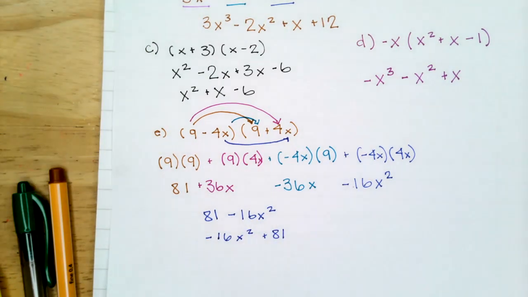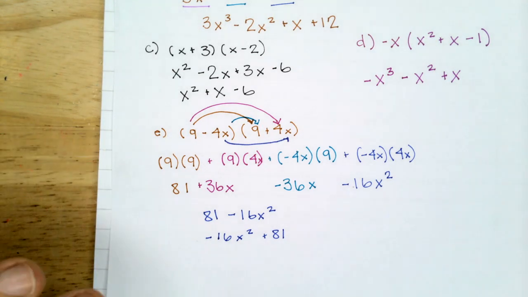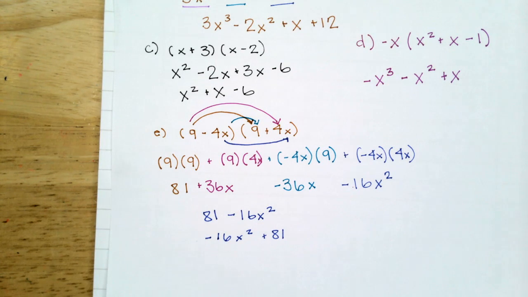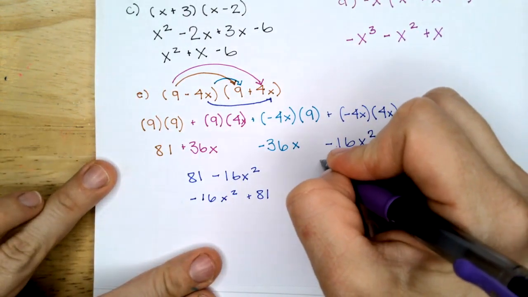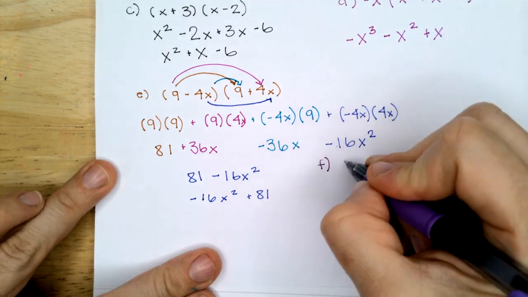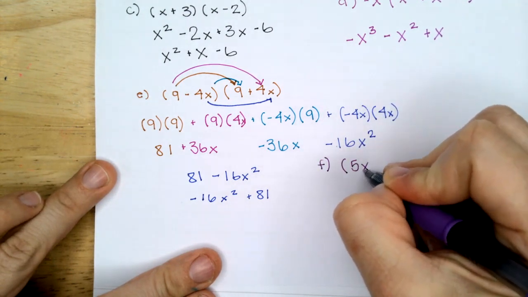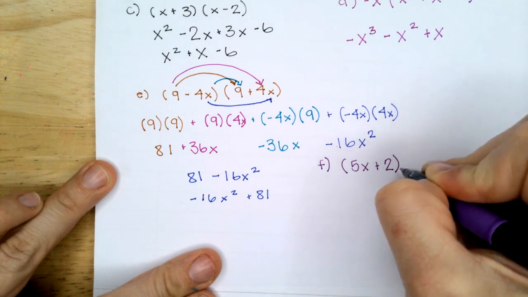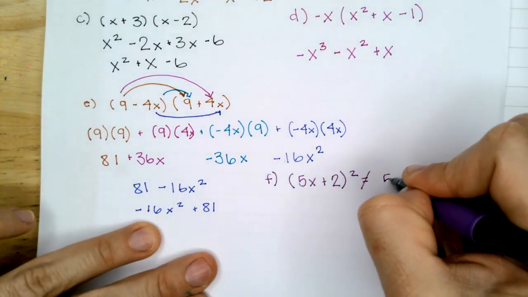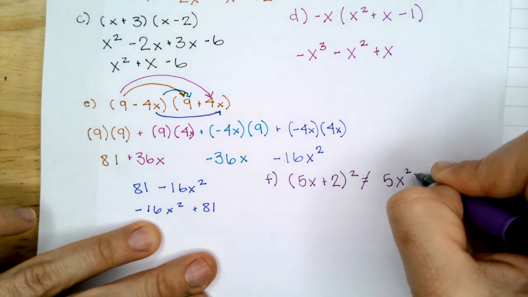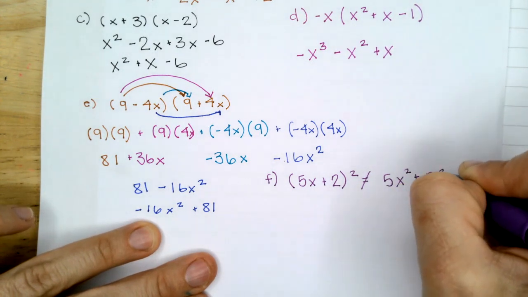Good. And then this is the most important one, so thank you for staying all the way till the end, but this is going to show up on my math lab, so make sure you know what to do. The only new information is that when you have a binomial squared, it does not mean that you say 5x squared plus 2 squared.